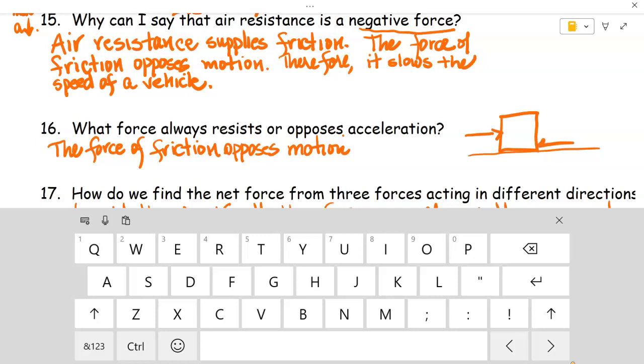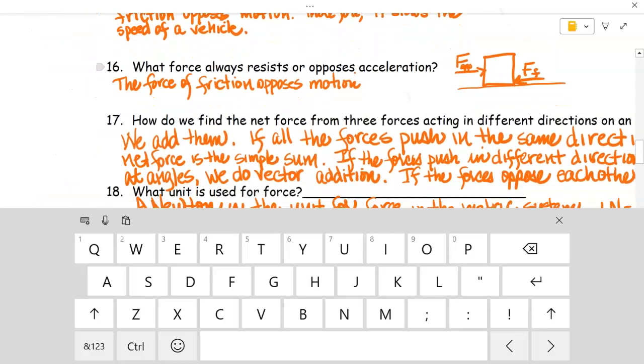So the force of friction is in that direction, whereas the force of movement applied is in that direction. All right? And so you can see why you would consider friction a negative force, wouldn't you? Because it always opposes motion.